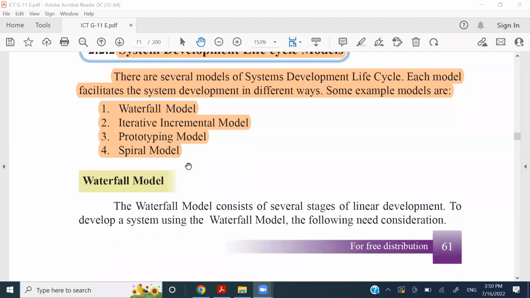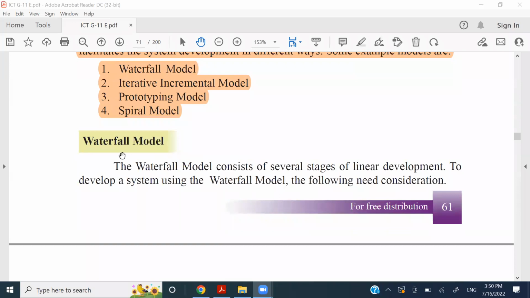Okay, so moving towards the waterfall model. So have the subheading waterfall model.